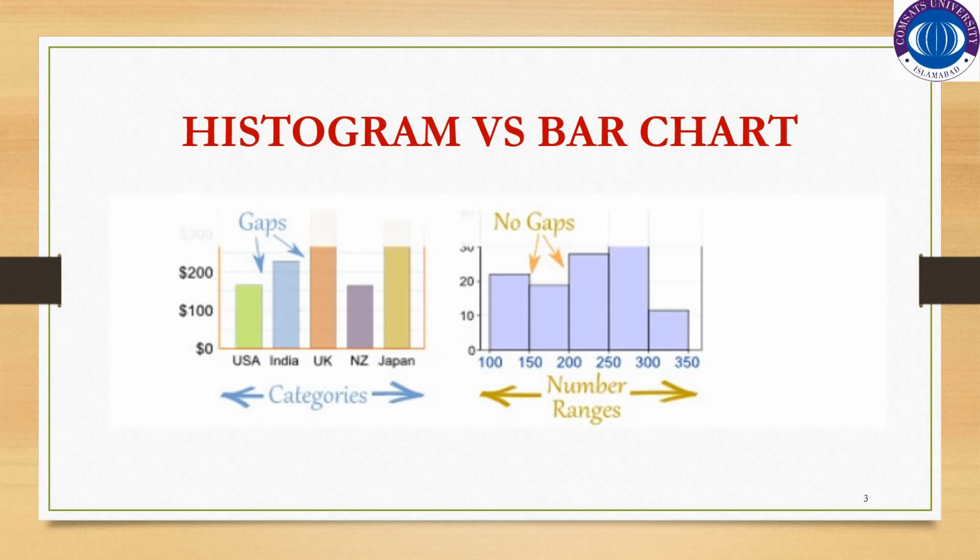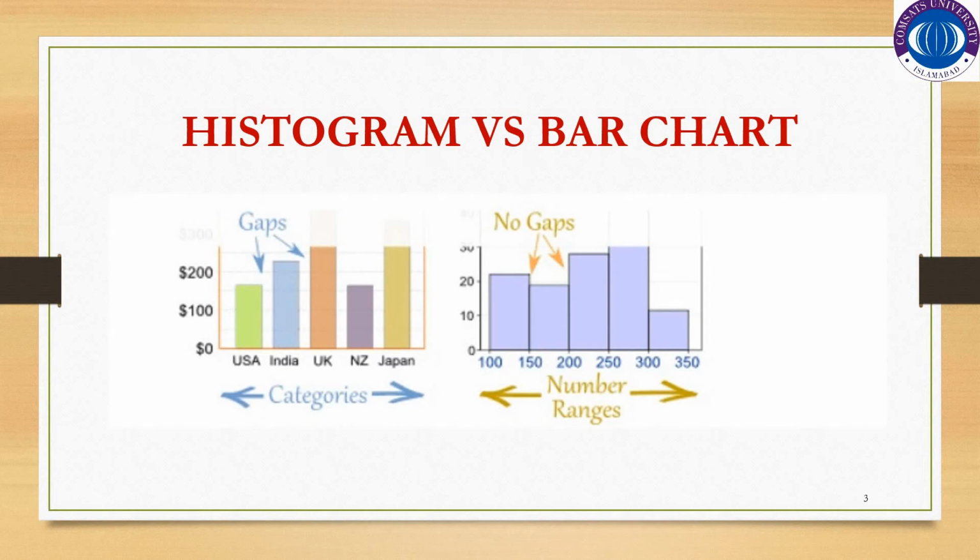In histogram we plot class boundaries on the x-axis, while in bar chart we usually have class intervals, or we have some data like population of a country.